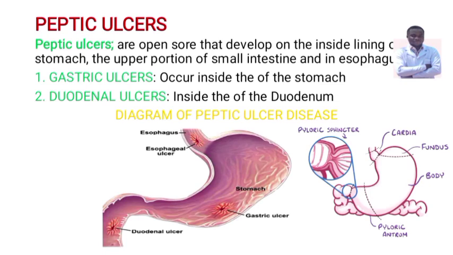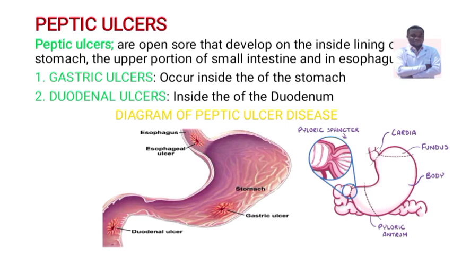In the duodenum we have the Brunner glands. The Brunner glands secrete mucus which is rich in bicarbonate. Bicarbonate is an alkali, a base, which helps to neutralize the acidity from the stomach.